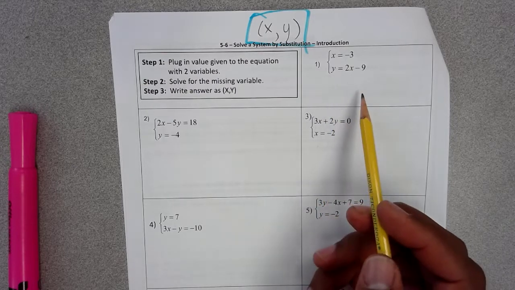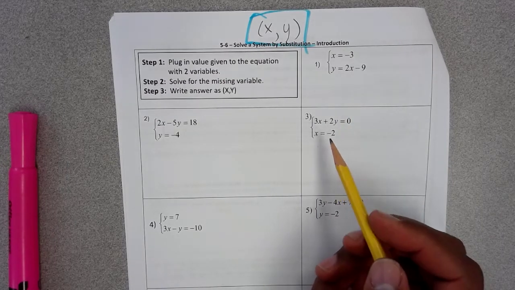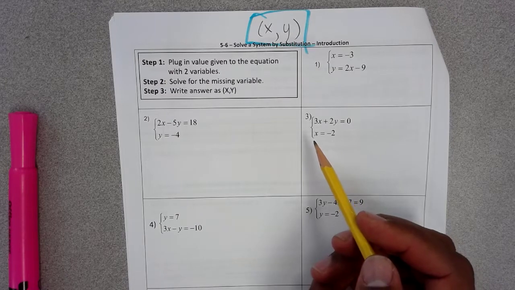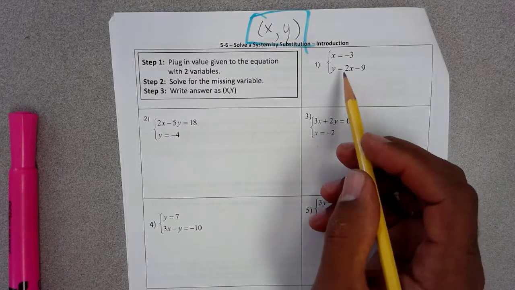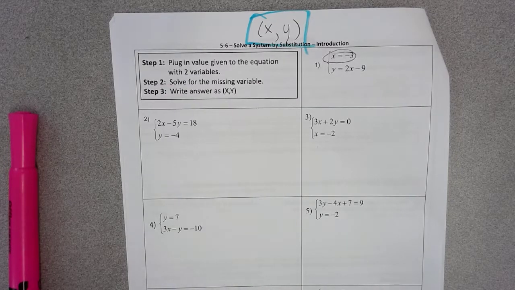Only one? Why only one, Alejandro? Right, because look, you already have the answer to one. So most of these, you already have the answer for one of the solutions. You don't have to find both.